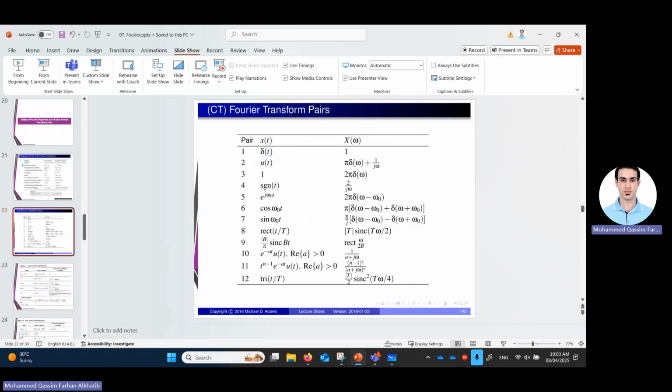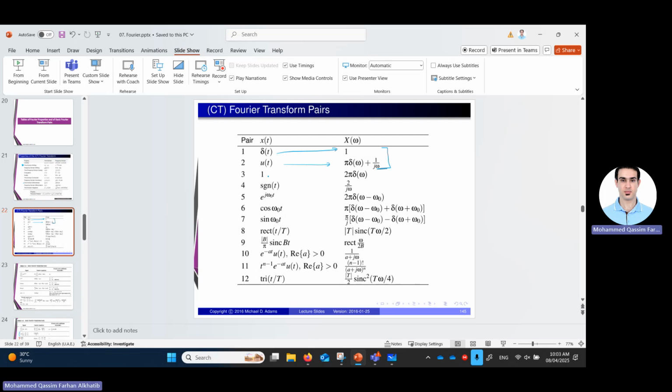Fourier pairs: the impulse function in time domain, delta t, will lead to 1 in frequency domain. The unit step function will lead to pi delta of omega plus 1 over j omega. By the way, those things could not be easily solved using just the straightforward formula; there are numerical approaches to solve them.